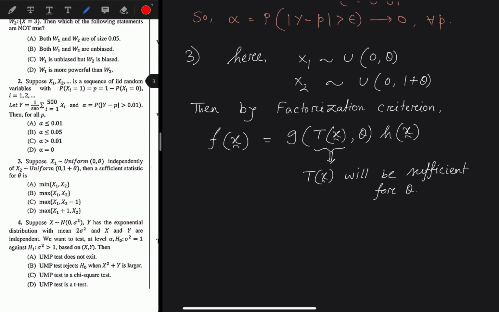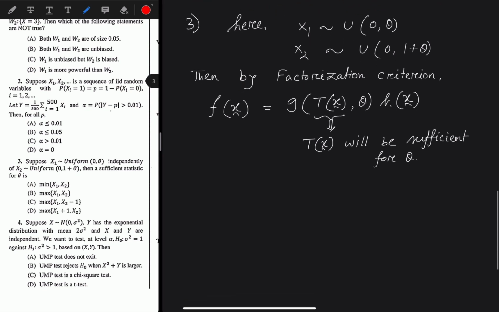Okay, so now we will verify for this example. As we can see, x1 is defined on 0 to theta and x2 is defined on uniform 0 to 1 plus theta. So x1 is defined if 0 less than x1 less than theta, or we can say that theta greater than x1. Let's say this is equation 1.